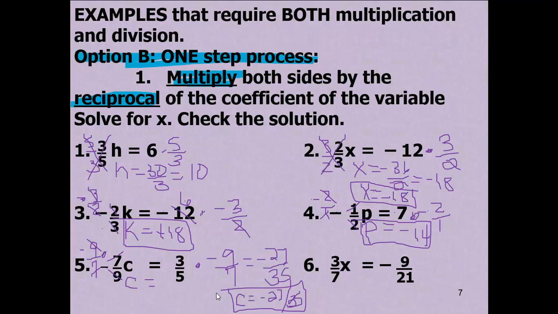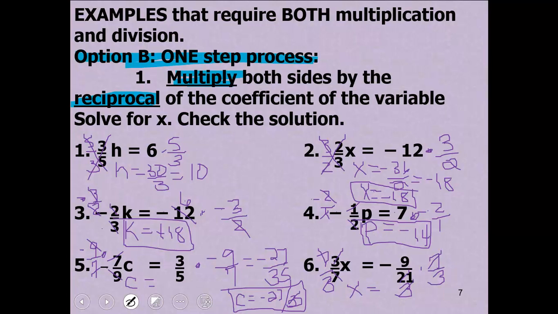Welcome back. 3/7, the reciprocal of that is 7/3. So I'm going to multiply both sides by 7/3. 7's cancel over here, 3's cancel over here. I'm left with 1x. All right, now the 7 cancels with the 21. That gives me a 3.